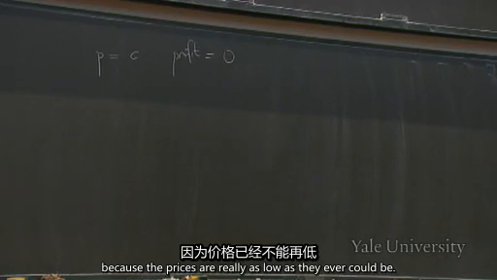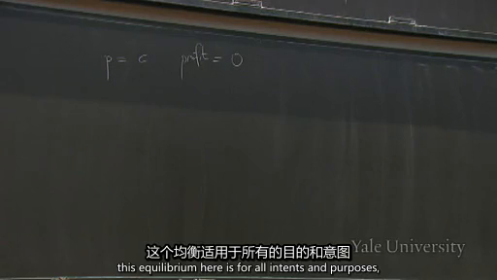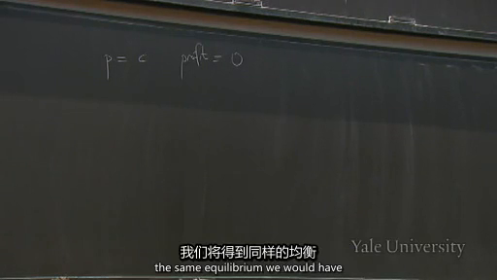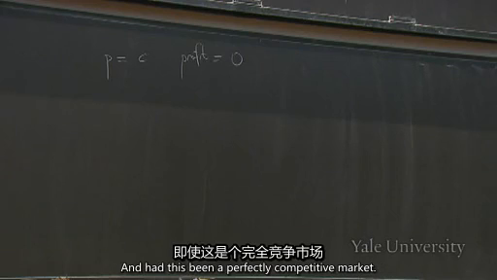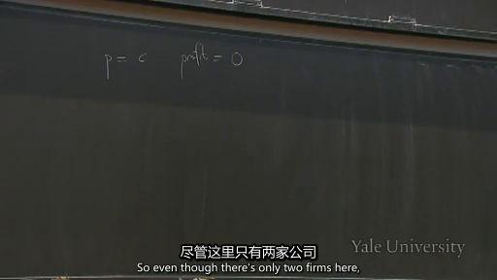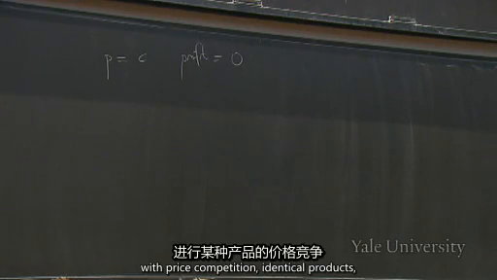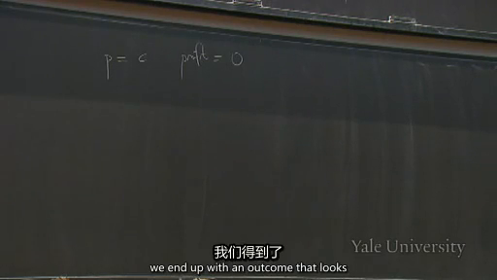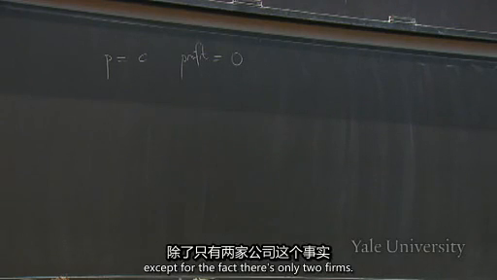In fact, this equilibrium is, for all intents and purposes, the same equilibrium we would have had there been thousands of firms in the market and had this been a perfectly competitive market. So even though there are only 2 firms here, with price competition and identical products, we end up with an outcome that looks exactly like perfect competition, except for the fact there are only 2 firms.